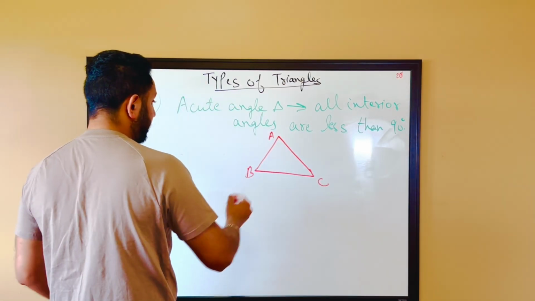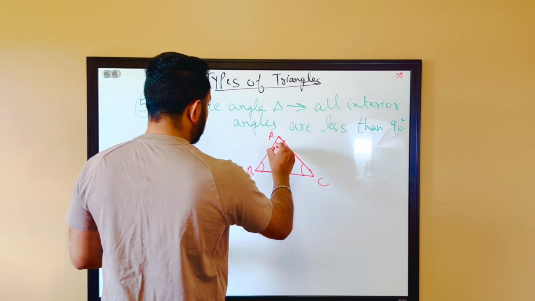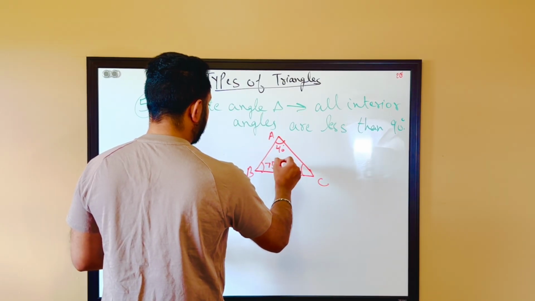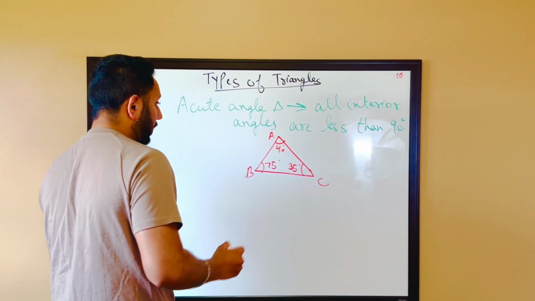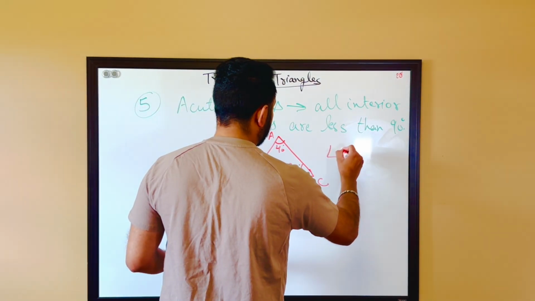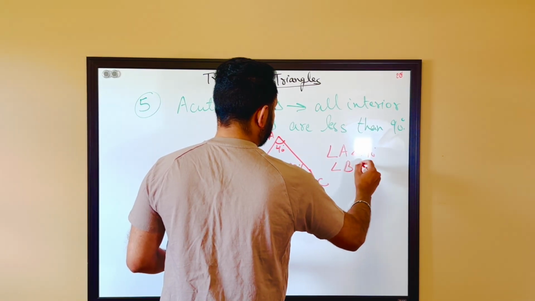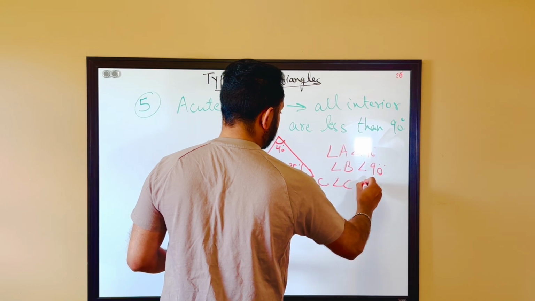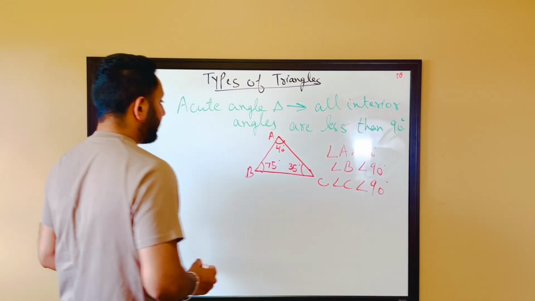In ABC, all the interior angles, this is 40 and this is 75 and this is 35. They are all less than 90 degrees, like A less than 90 degrees, and B also less than 90 degrees, and similarly C is also less than 90 degrees.